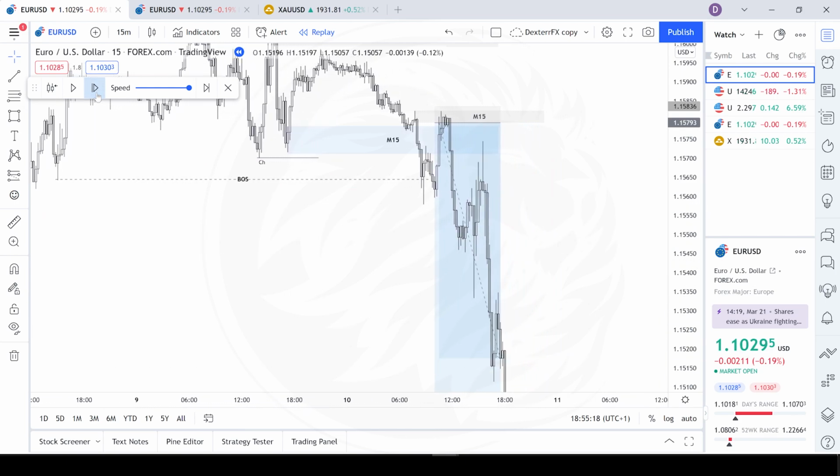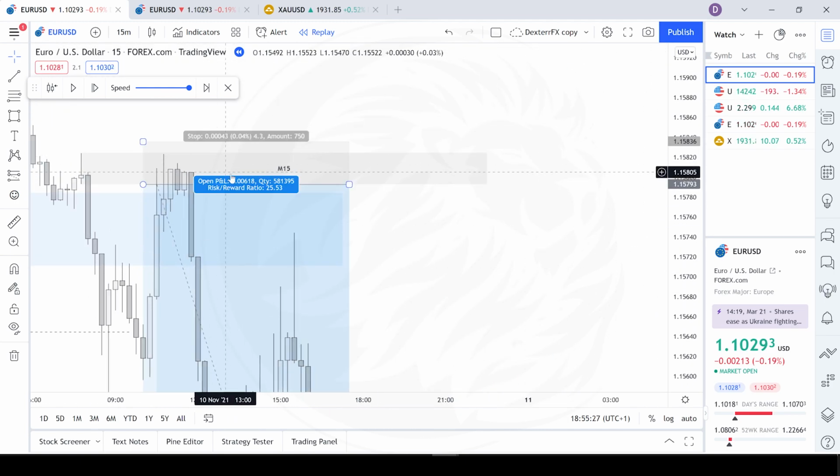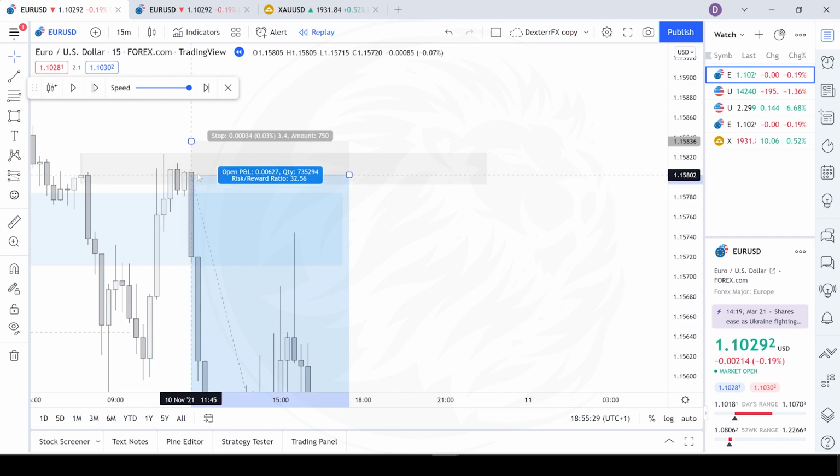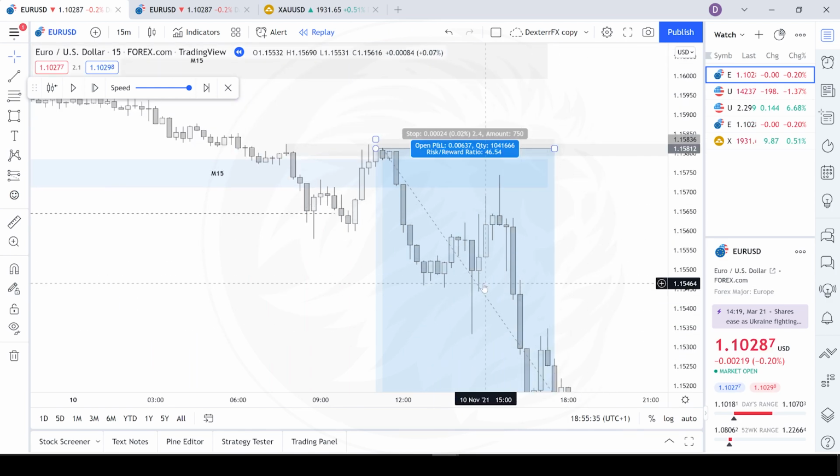And as you can see here, you have a big risk reward because you are in total pro trend. If I have an M1 entry, maybe I will have something like that, with maybe a 2.5 pip stop loss entry. And so my risk reward here will be very huge.